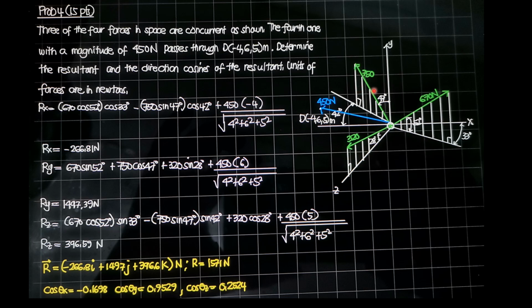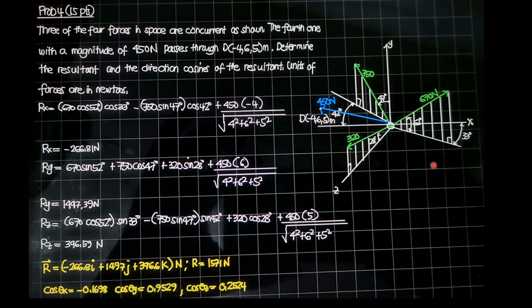The z component of 750 Newton is negative. Again, this adjacent side is 750 sine 47. Then we multiply it further, opposite to 42, by sine of 42. And it is negative because it is in the negative z direction. That's why you have a negative sign preceded there.